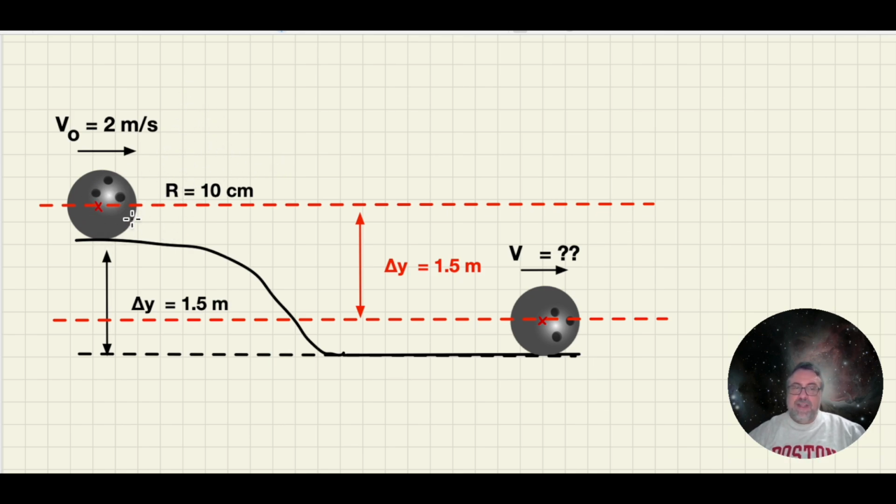So as this ball is moving, the kinetic energy now comes in two forms. When I look at kinetic energy, I need to consider two kinds of kinetic energy. I can look at the TKE.